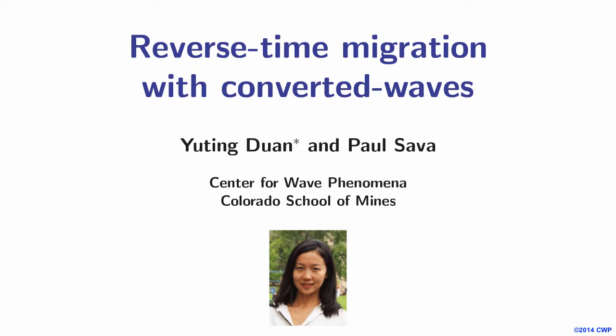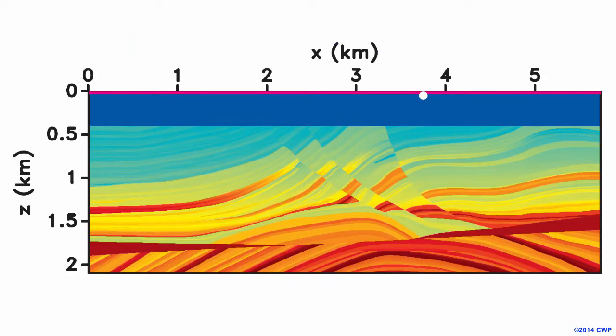In the PS and SP images, there always exists a polarity change. Let's look at the example. This is my Lucy model. I have one shot indicated by the white dot at the surface of the model, and I have a dense network of receivers also at the surface of the model.